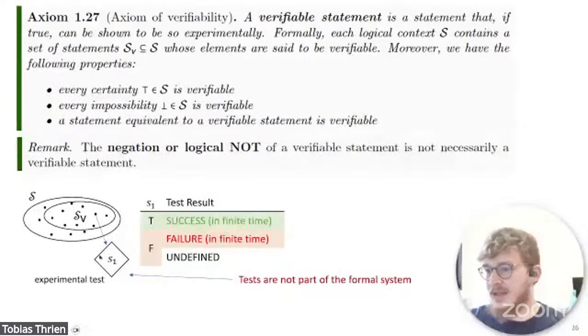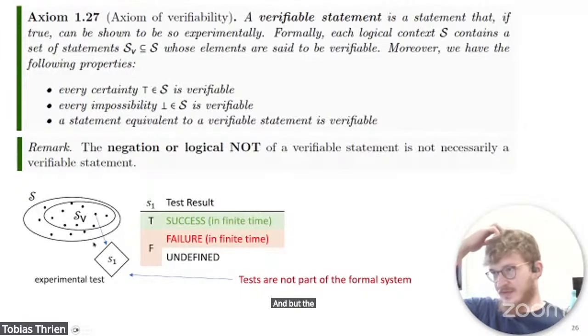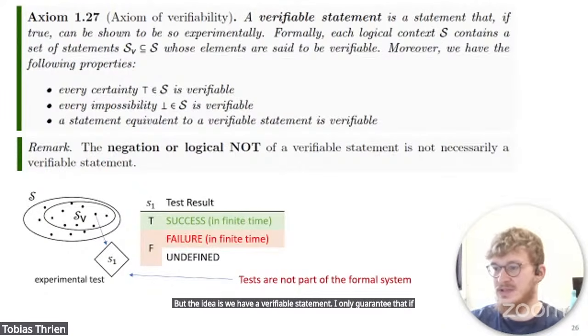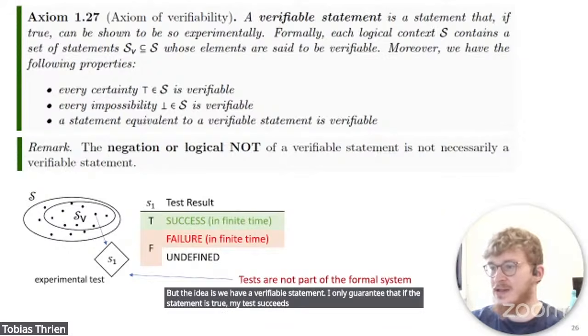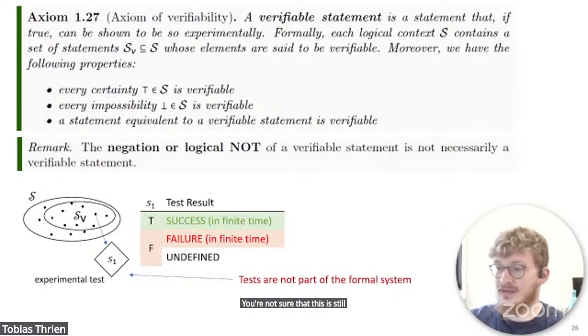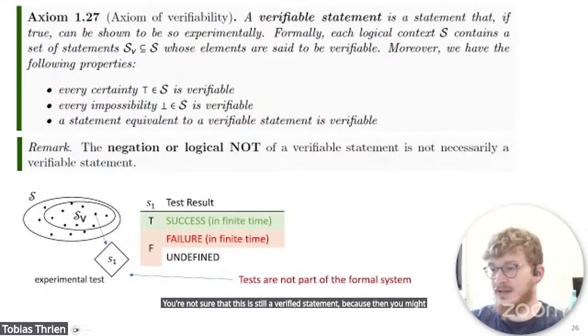But the idea is if you have a verifiable statement, I only guarantee that if the statement is true, my test succeeds in finite time, which by the way also means if you take the negation, you're not sure that this is still a verifiable statement, because then you might have the undefined case.